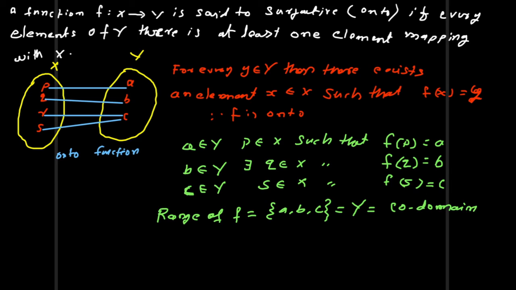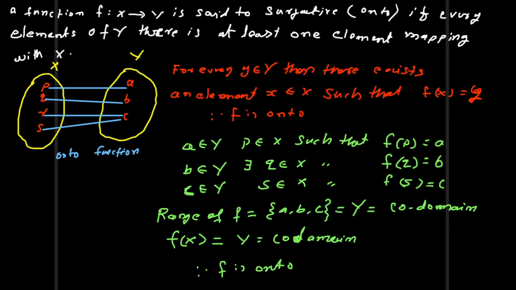Okay, so the range set means a mapping of x, which we can call f of capital X. The range set is equal to y, that is equal to the codomain. So f of x equal to y, the codomain, therefore f is onto also.